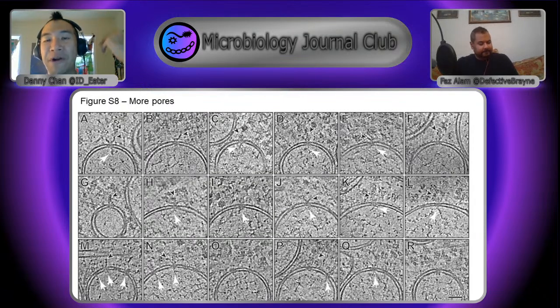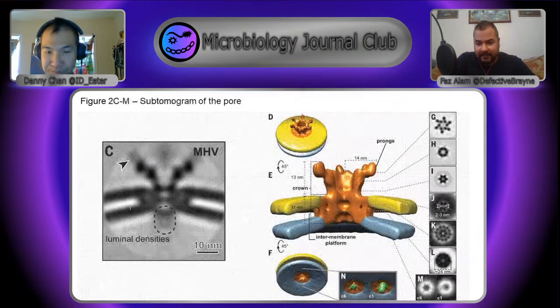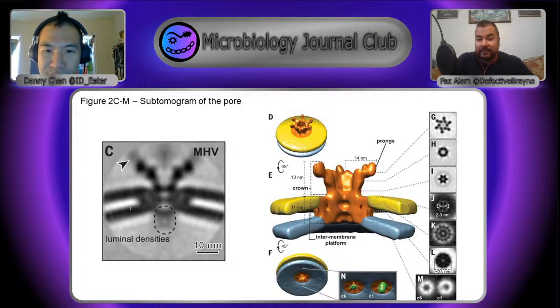And that's all part of understanding how this virus replicates mechanistically. We know it gets in and it gets out, but this is fleshing out all the steps along the way. So figure S8 does a lot of that.